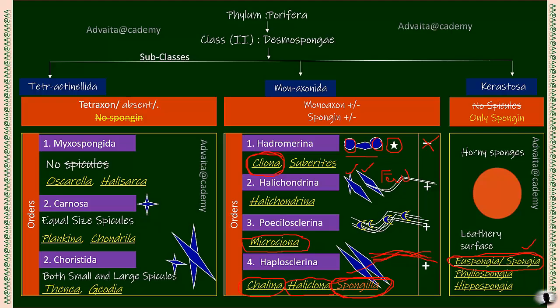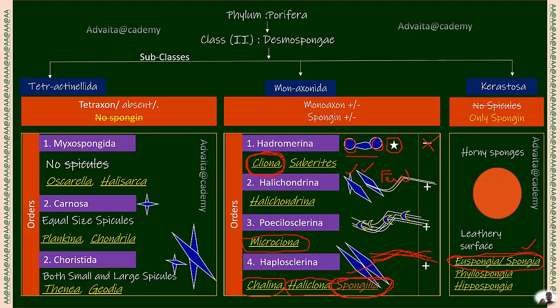So these are very good examples of poriferans. So you always remember Cleona, Microceona, Spongilla, Spongia.